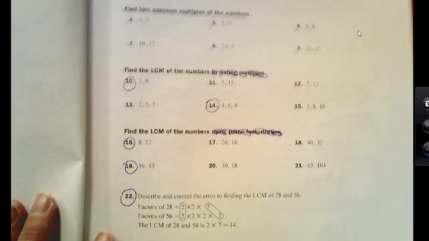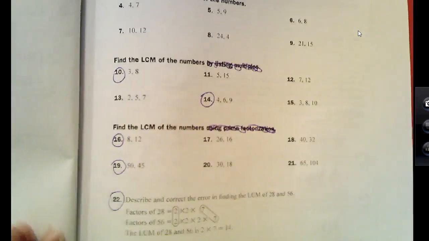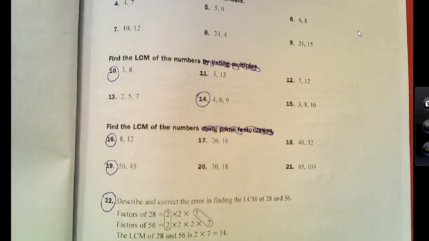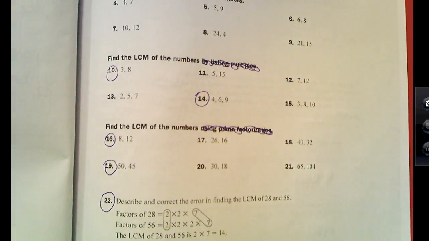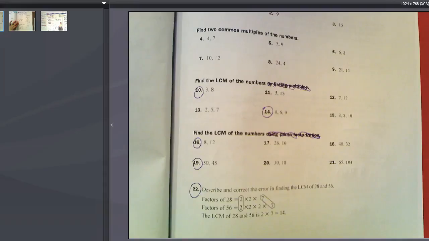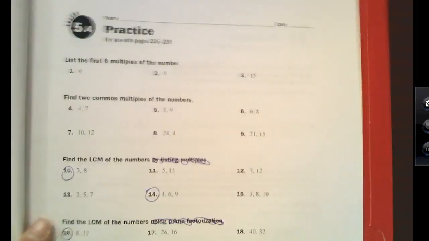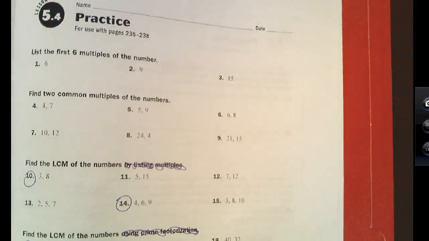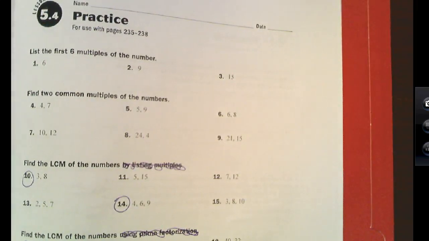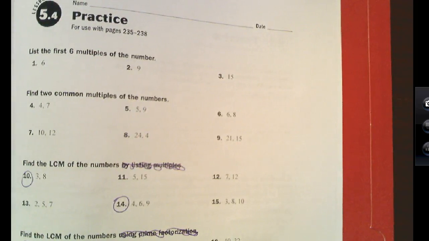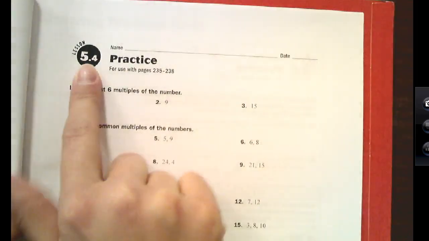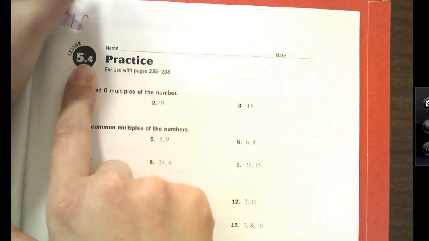Did anyone want me to go over any questions on the front of 5-4? Or did you do okay with LCM? So I want you guys on this 5-4 worksheet here. I am going to be assigning homework from the 5-4 and the 5-2 worksheet. The 5-4 worksheet right at the top right here, please write LCM.